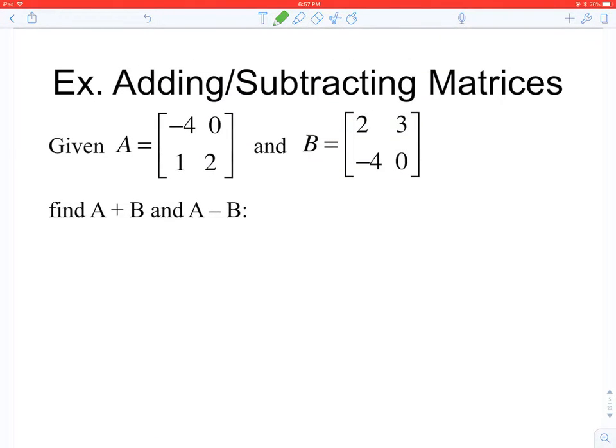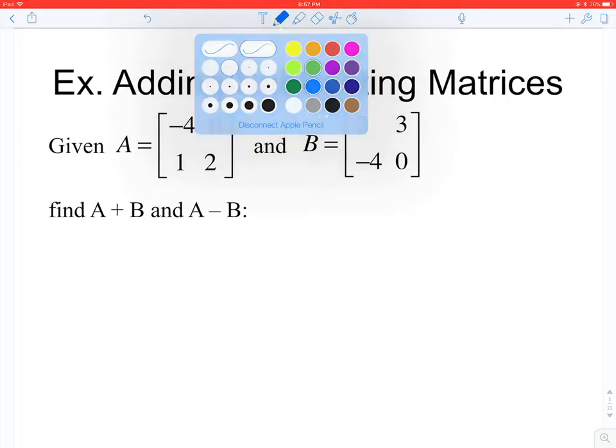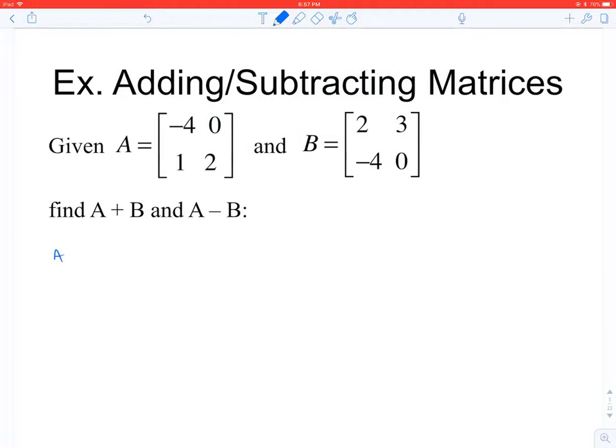So for example, if we want to add matrix A and matrix B, so find the matrix that would result from adding these two matrices, we're just going to be adding the corresponding terms.